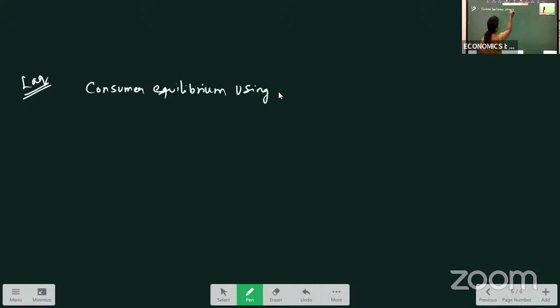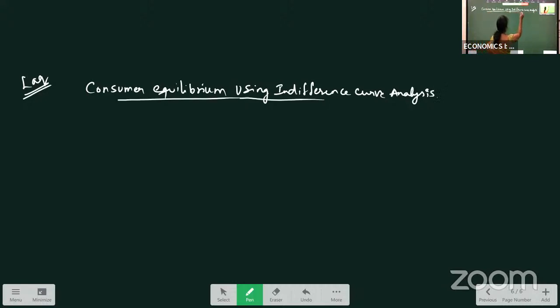So the LAQ is consumer equilibrium using indifference curve analysis. Okay, so what is the question? Explain the consumer's equilibrium using indifference curve analysis.